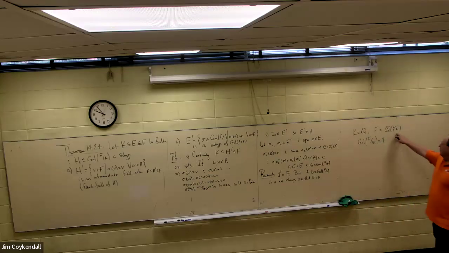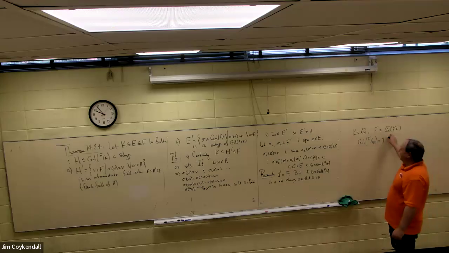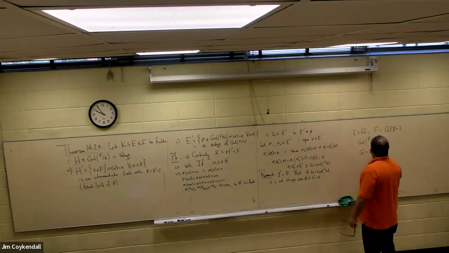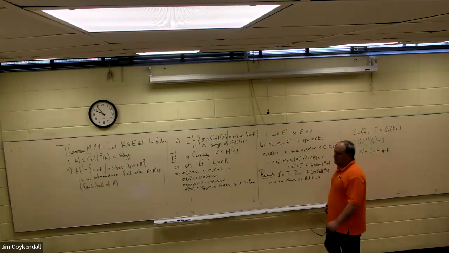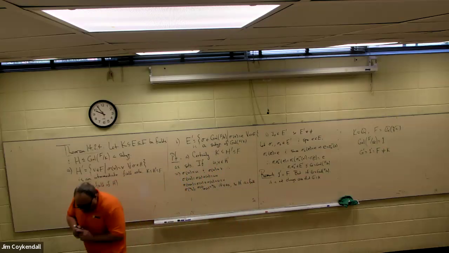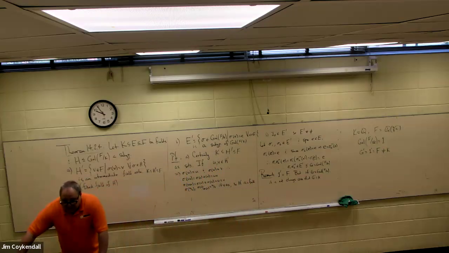Right, because the only automorphism of this fixing this is just the identity automorphism. And notice in this case, G prime, which equals 1 prime, is all of F, which is not equal to K. And that distinction will define what we call Galois extensions.